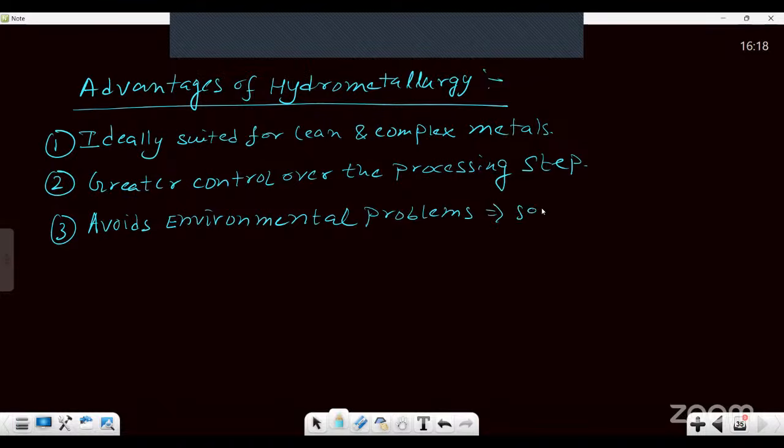Like SO2 gas generation, which is common in case of roasting.